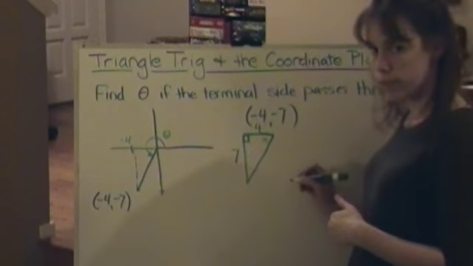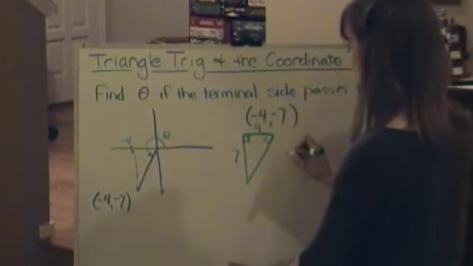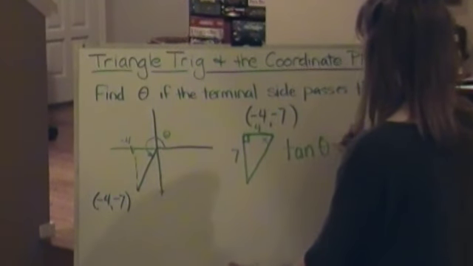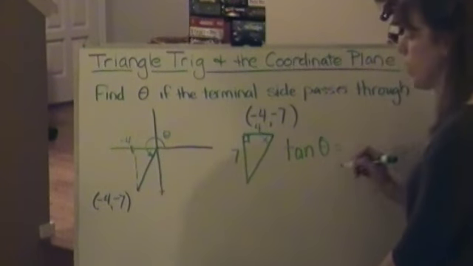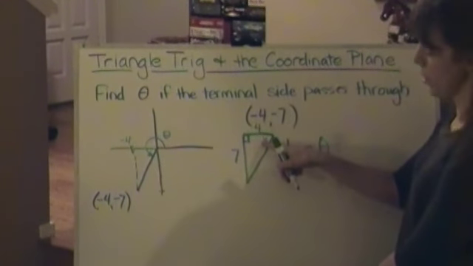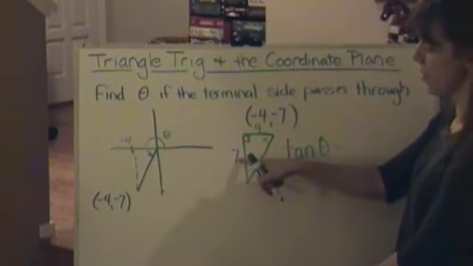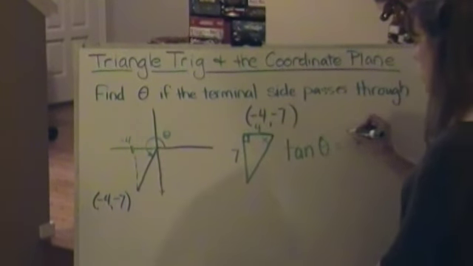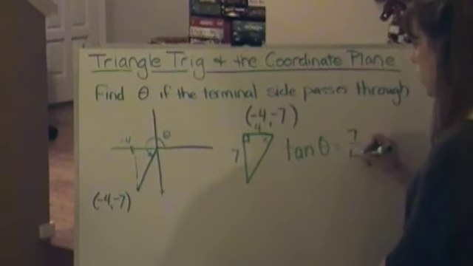Sine, cosine, or tangent? Hopefully tangent. The tangent of theta is equal to, okay, here's the angle. The opposite side is 7, and the side touching the angle, the adjacent side, is 4. So opposite is 7 over 4.